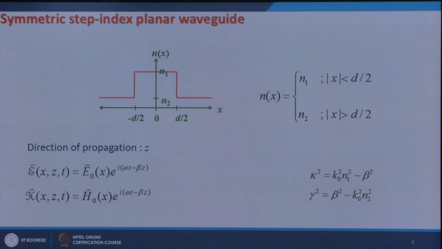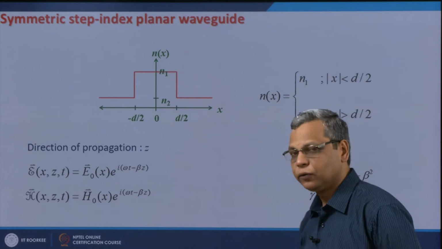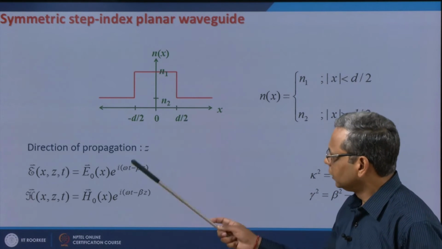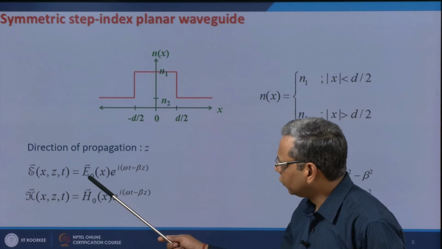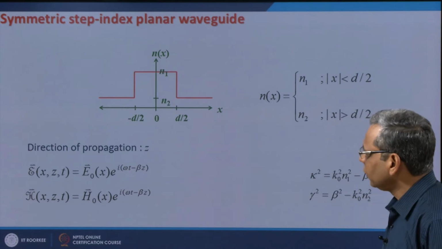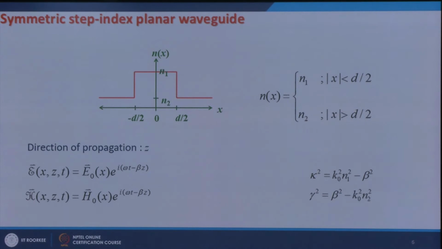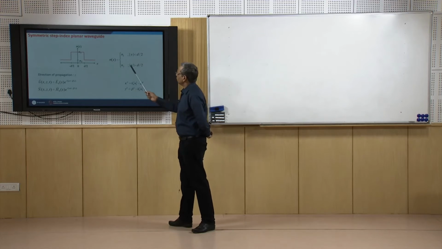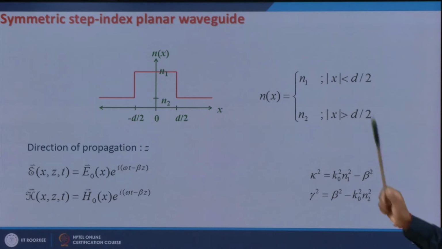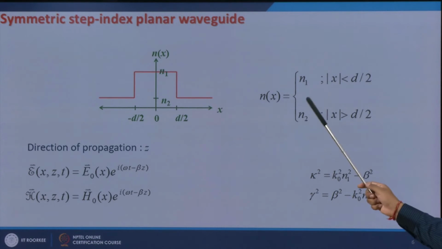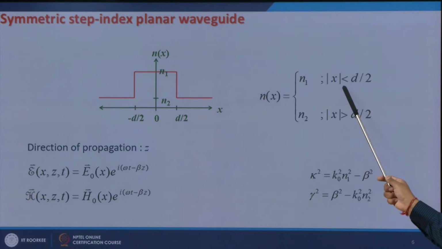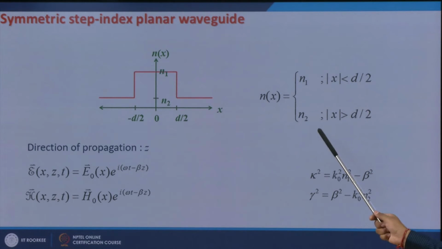If the direction of propagation again is z, then the electric and magnetic fields associated with the light would be given by this, and now my task is to find out this E0 of x and H0 of x. The refractive index profile of this waveguide is given like this, where n of x is equal to n1 for mod x less than d by 2, it is n2 for mod x greater than d by 2, and n1 is greater than n2.